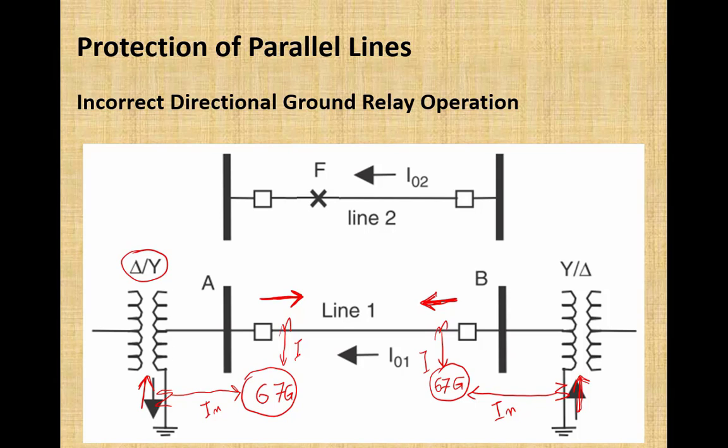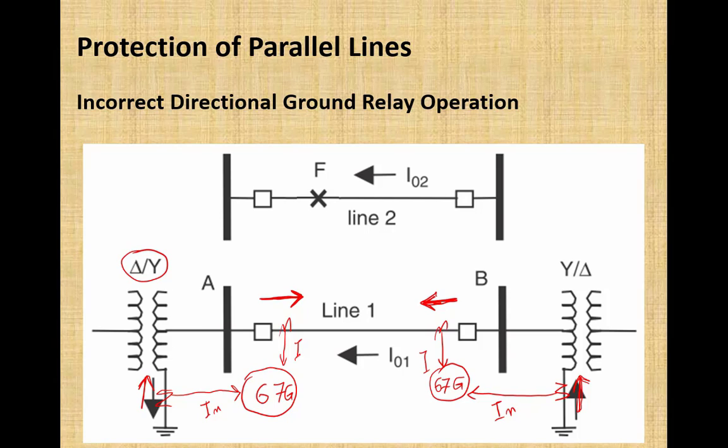So it means this induced zero sequence current is going to circulate in the parallel transmission line, because we had a Y delta transformer where Y is grounded on both sides of this line 1. So we have a closed path for the flow of zero sequence induced current.